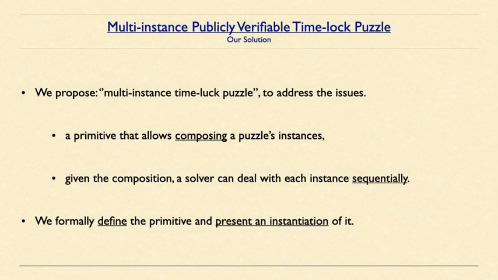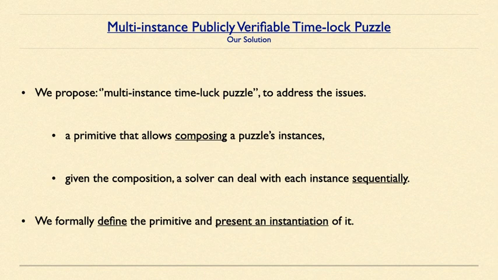To address the issues, we put forth and formally define a primitive called Multi-Instance TimeLock Puzzle, which allows composing a puzzle's instances. In this scheme, given the composition, a solver can deal with each instance sequentially.